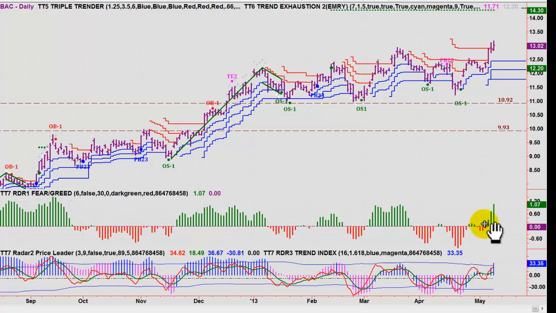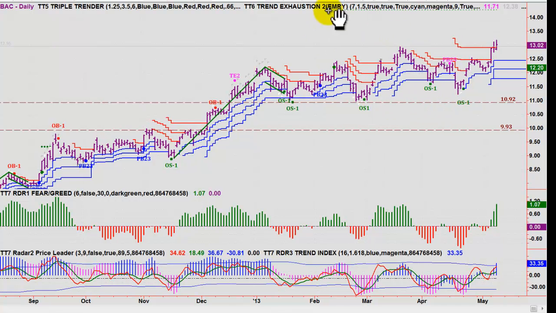You can see we have much higher radar 1 fear greed buying pressure in this thrust up, at least, than we have seen for a little while. So this looks like it's breaking out to new highs. Let's see here. We have previous highs right there. So we're just testing new highs. This might be a good opportunity to buy into a strong stock in a strong sector.